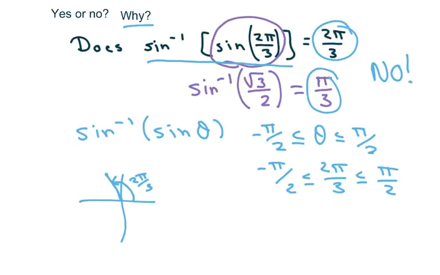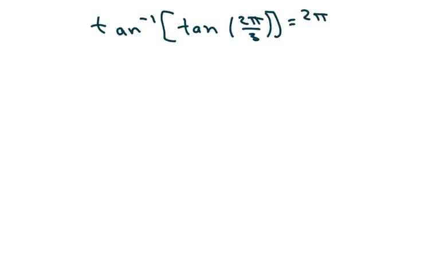Okay, the next one we have is, does inverse tan of 2 pi over 3 equal 2 pi over 3? Okay, the answer is no, because of the restrictions on the domain.